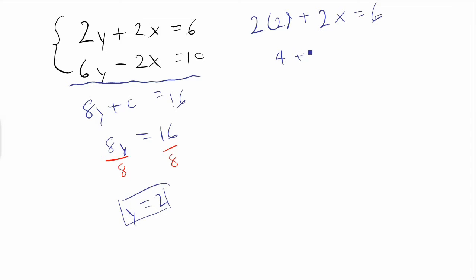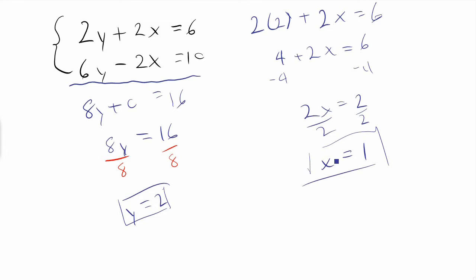Here 2 times 2 is 4, so I get 4 plus 2x equals 6. Subtract 4 from both sides, and I get that 2x equals 6 minus 4, which is 2. Now I divide by 2 on both sides, and I get that x is 1.